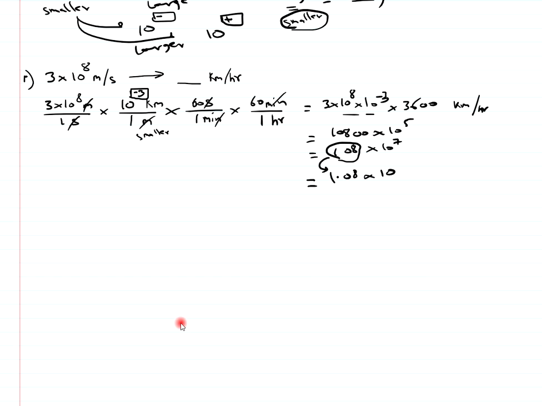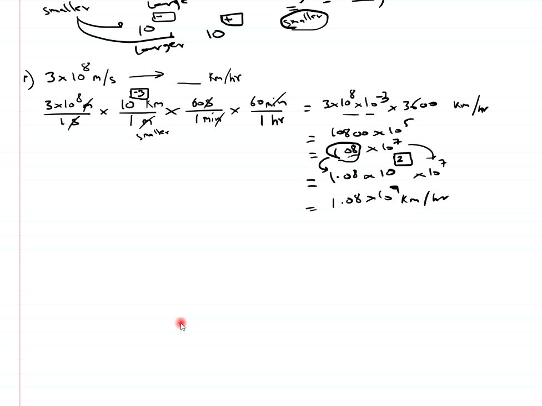I'm going, in this case, from 108 to 1.08, so it is larger to smaller, so the power of the 10 that I'm going to raise to has to be positive. So now it's 108 to 1.08, so we are moving two places, so it will be raised to 2, plus the 10 raised to 7 is there as it is, that will come back. So the answer would be 1.08 into 10 raised to 9 kilometer per hour.